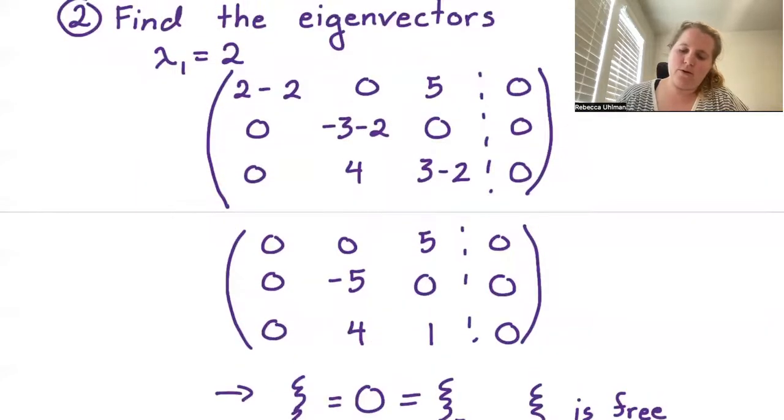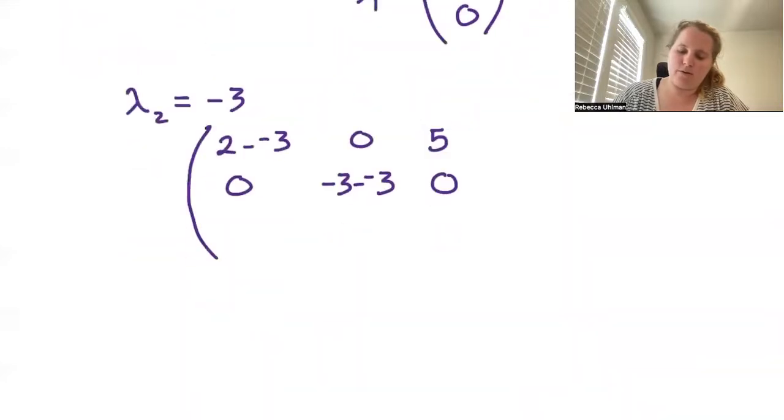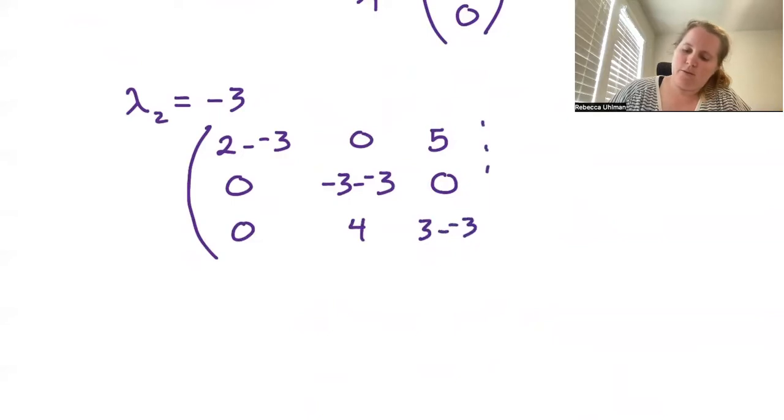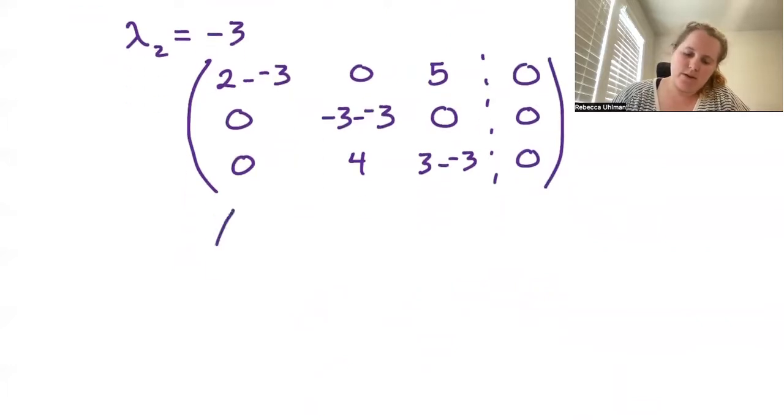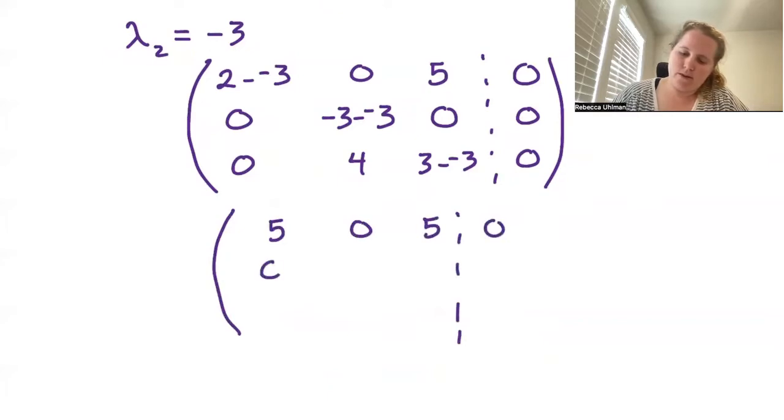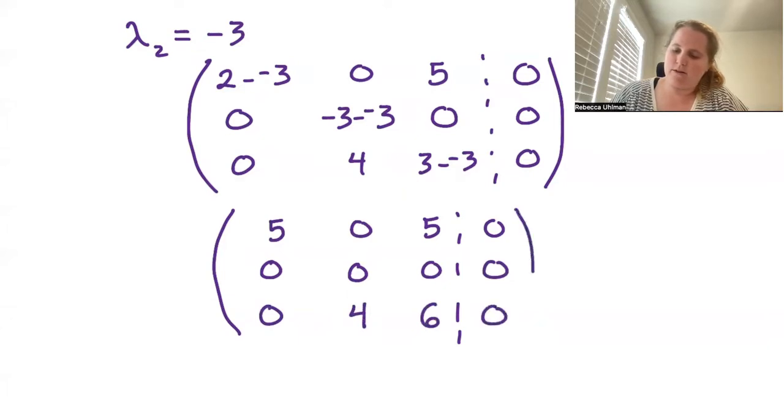Last row 0, 4, 3 minus negative 3. And then the augmentation is just the 0 vector. So we are looking at 5, 0, 5, 0 for the first row, 0, 0, 0, 0 for our second row, and 0, 4, 6, 0 for our last row.